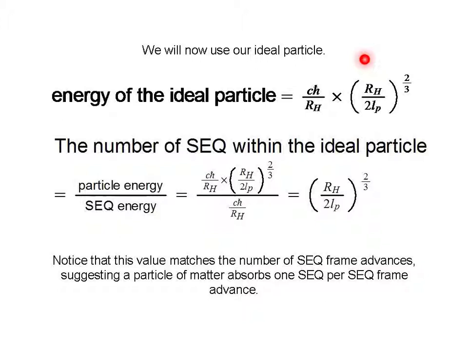The number of SEQ within the ideal particle then is the particle energy divided by the SEQ energy, and we get our r sub h over 2 l_p to the 2/3. Notice that this value matches the number of SEQ frame advances, suggesting a particle of matter absorbs 1 SEQ per SEQ frame advance.